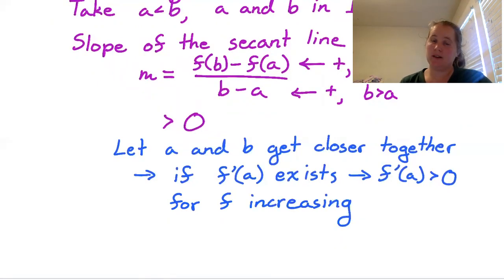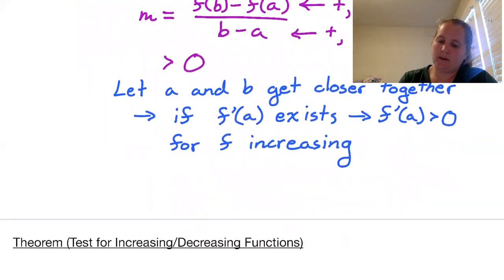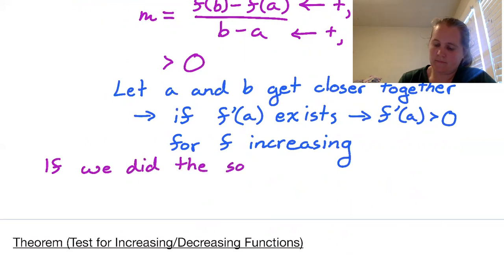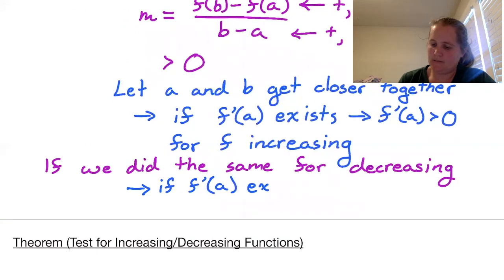Now, if we do the same thing for decreasing, we would wind up getting, again, that if f prime of a exists, then f prime of a would be negative, or less than 0, for f decreasing.